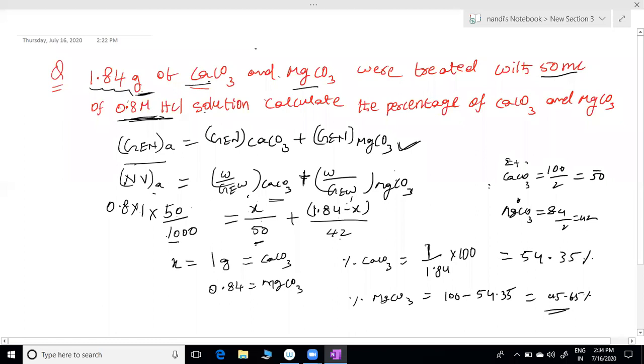So 1 gram is calcium carbonate, 1 by, what is the total weight they gave initially? 1.84. 1 by 1.84 into 100 is the percentage composition of calcium carbonate. Then magnesium carbonate I can find out as 100 minus, only two components are there, no? Total should be 100. If one is 54.5, the other should be 100 minus 54.5. That's your answer.